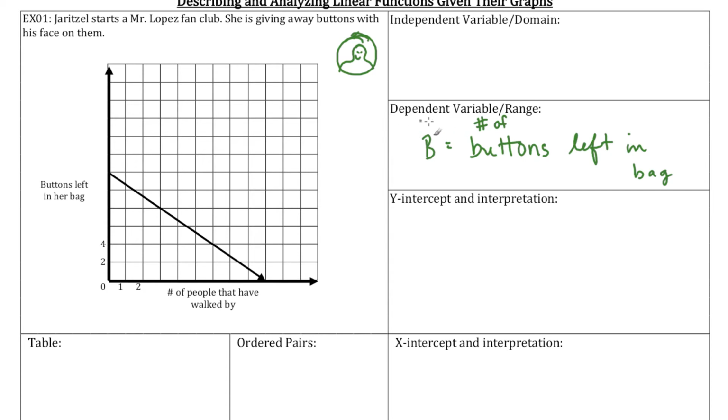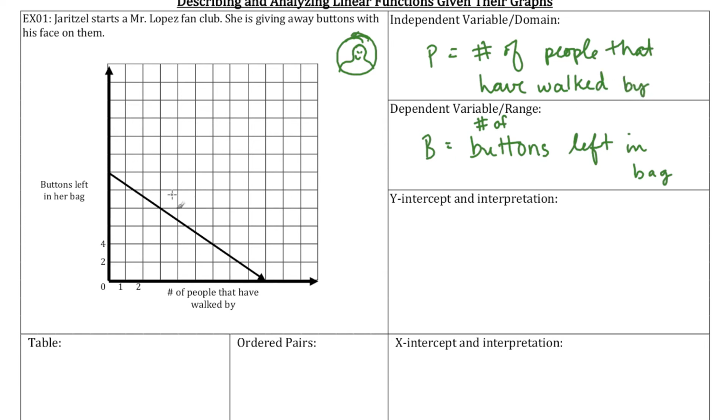That will depend on the number of people that have walked by. So P, the independent variable, is the number of people that have walked by.